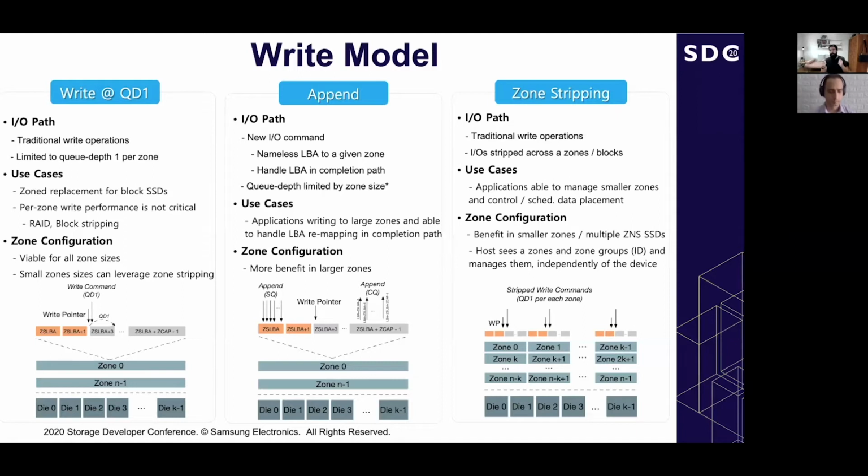This striping gives the host the flexibility to choose where it wants to write and how it manages the latency versus the bandwidth parameters when it is designing how storage is being used. It also has the advantage that it is using traditional write operations. So changes to the host stack are really minimal.